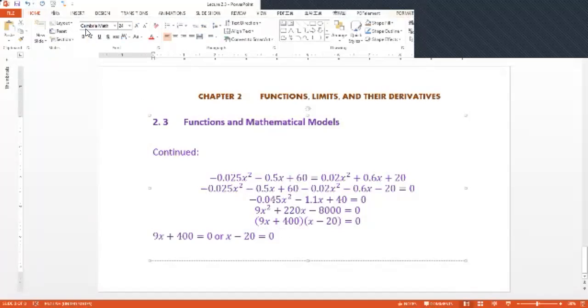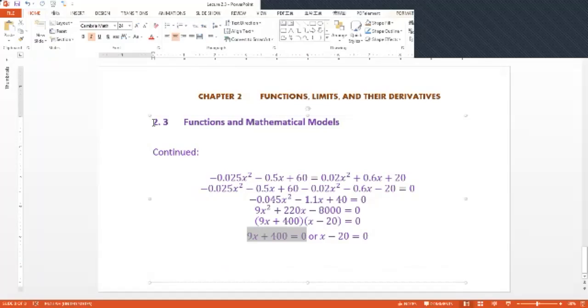So when you solve each equation, you're gonna get the solution. So 9x plus 400 equal to 0. For example, you're gonna get what?